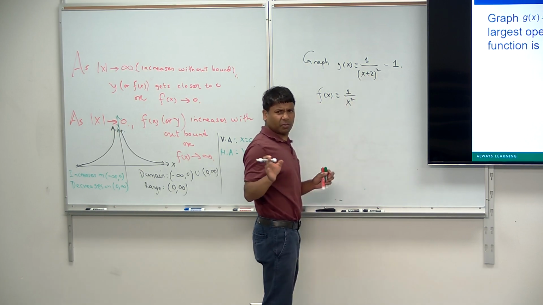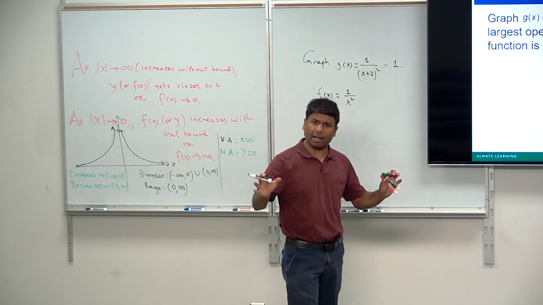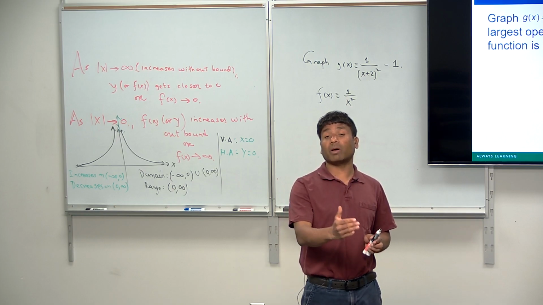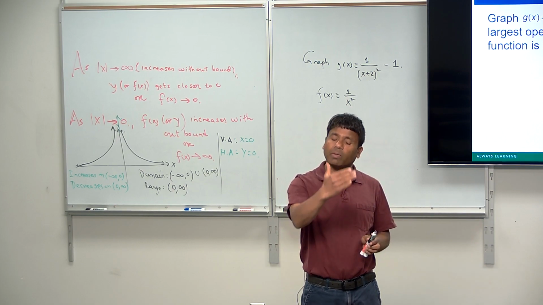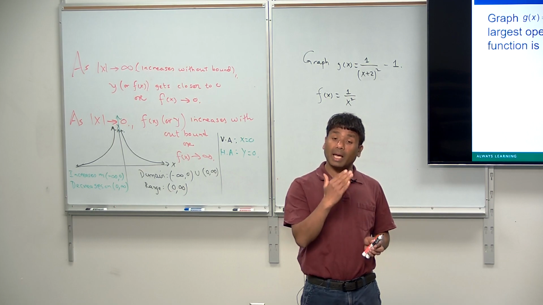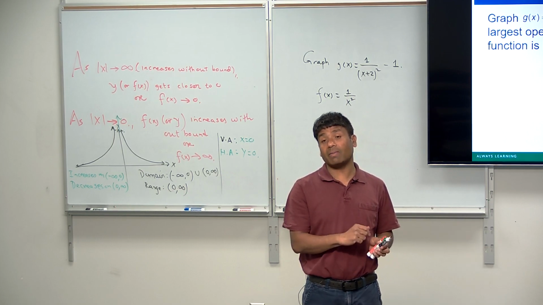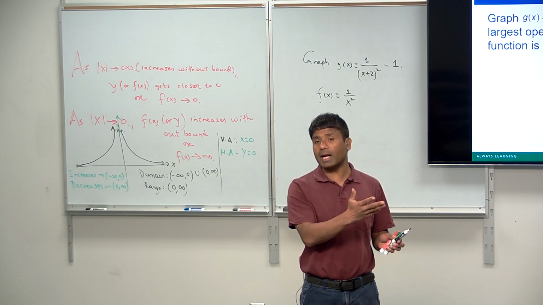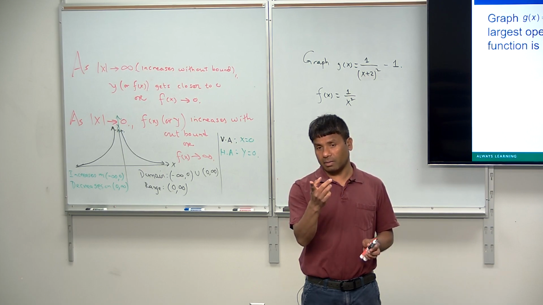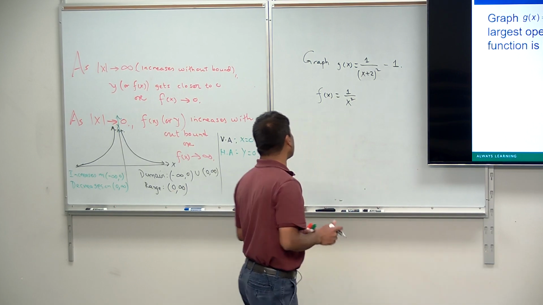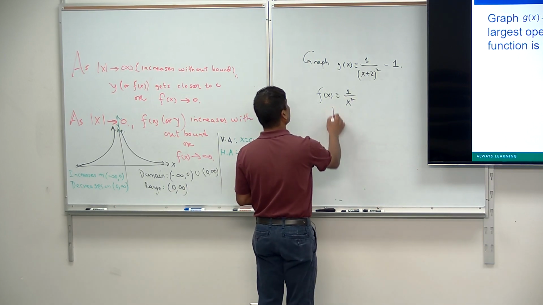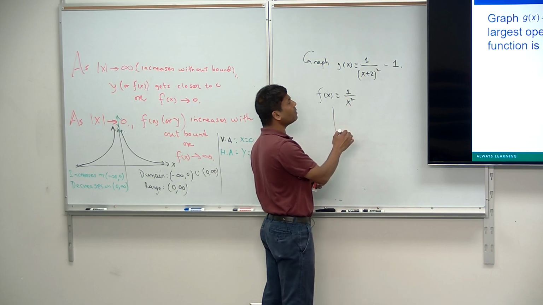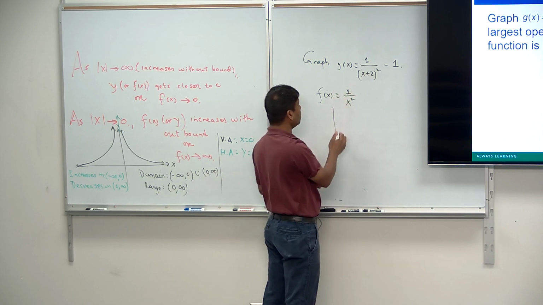You know that, right? If you have y equal to f(x), then f(x plus h) is the horizontal shift of the graph of y equal to f(x), h units to the left if h is positive, and h units to the right if h is negative. You guys know that, right? So now you have a horizontal shift of 2 units to the left.